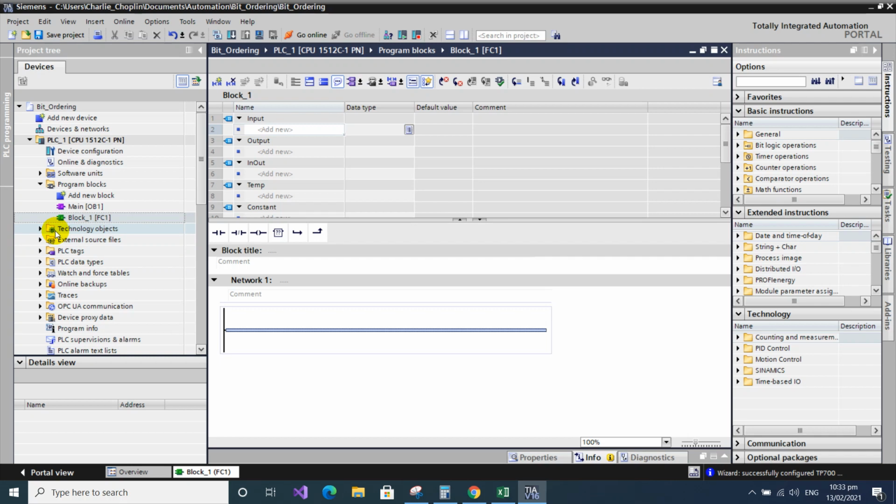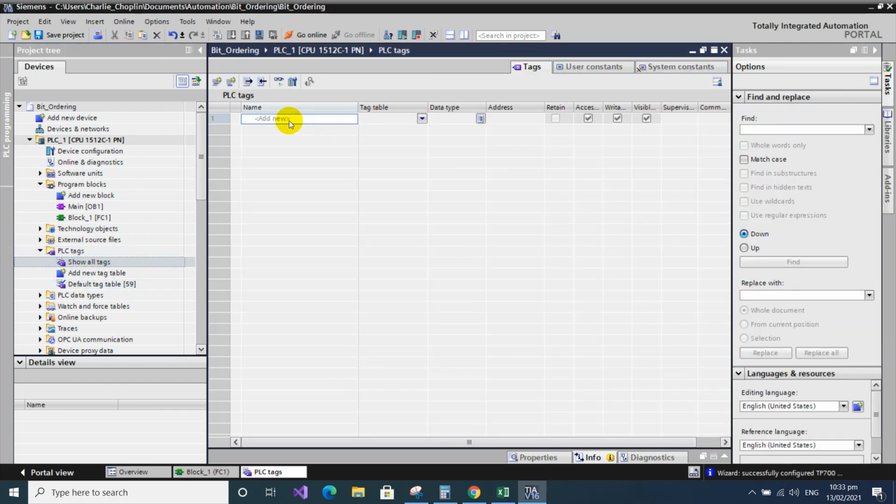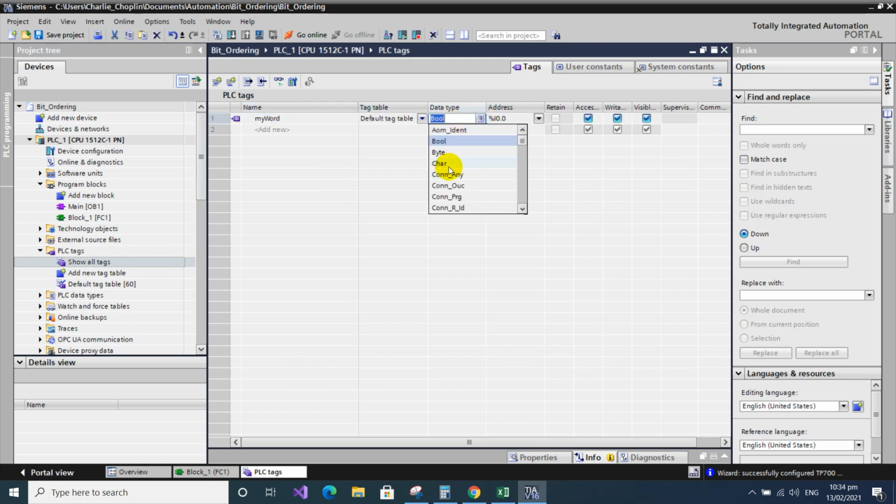Normally, if you are a programmer in Siemens, my technique is I will first gather all the tags. So this is a typical view of TIA. Here in tags, I will show all tags, and then I will put everything I want. But for now, I will put here my word. So this is our double word.